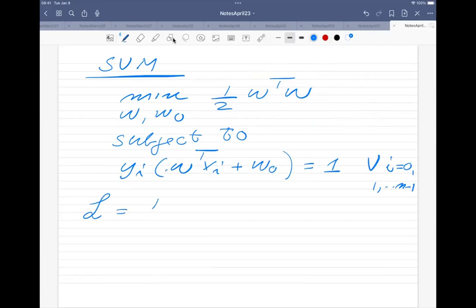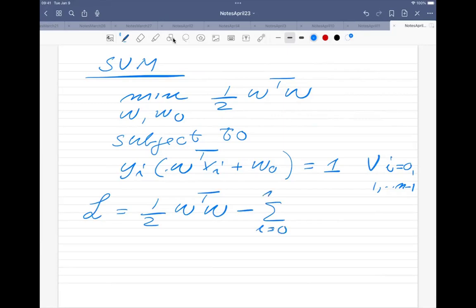So we have this 1/2 of omega transpose times omega. This is the quantity we want to optimize, but then we have a constraint, and we are going to write this constraint as we would set up the standard Lagrange multipliers.